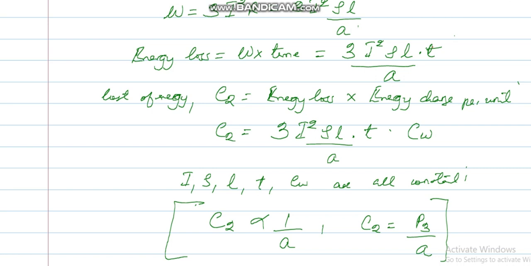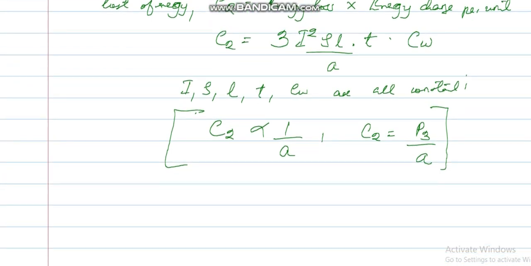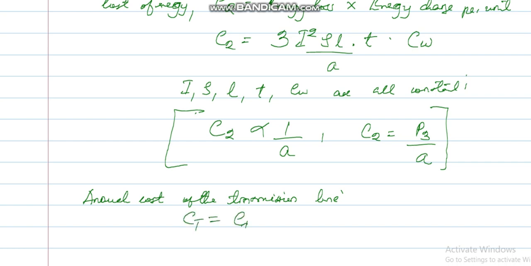Kwa hiyo the annual cost of the transmission line tunasema ni C total. Sasa tulisema ni C1 ambayo ni annual charge on the capital outlay plus C2 ambayo ni annual cost of the energy wasted.